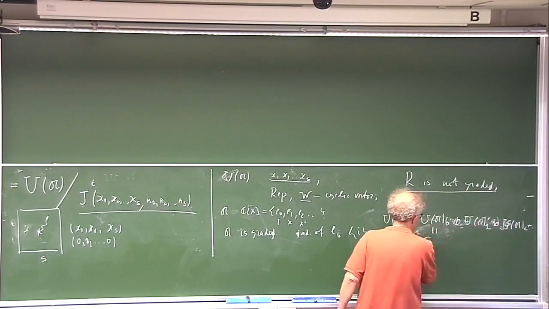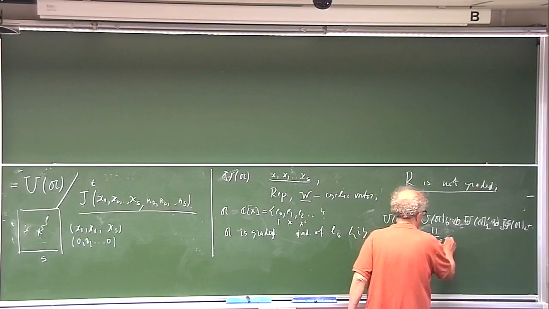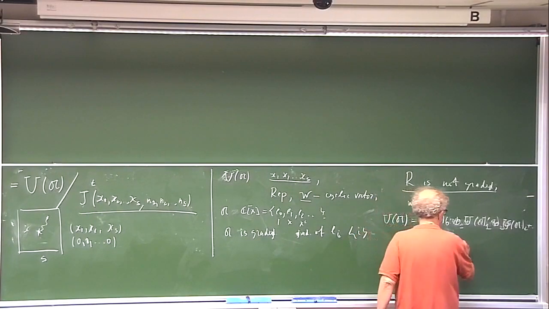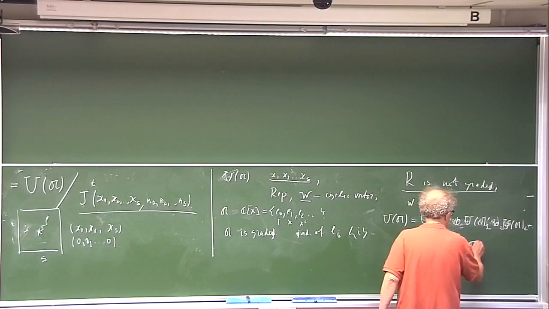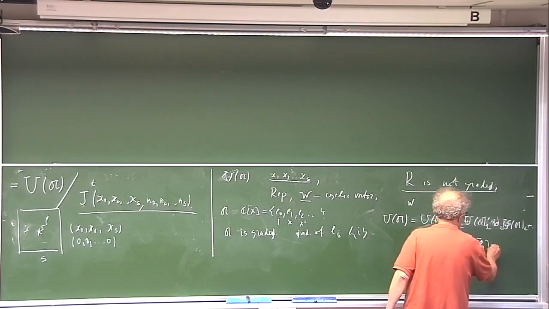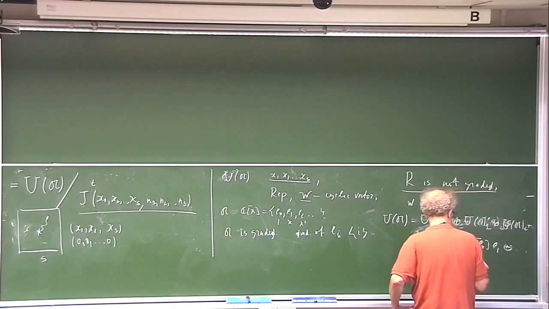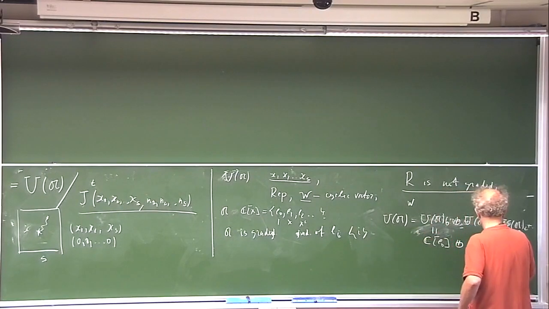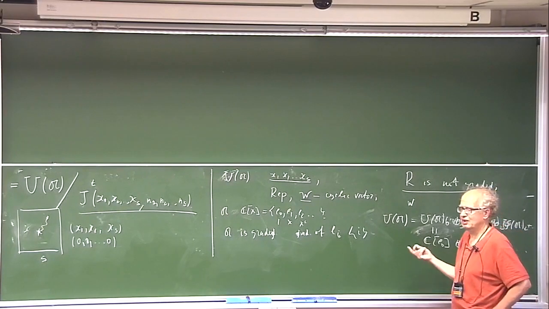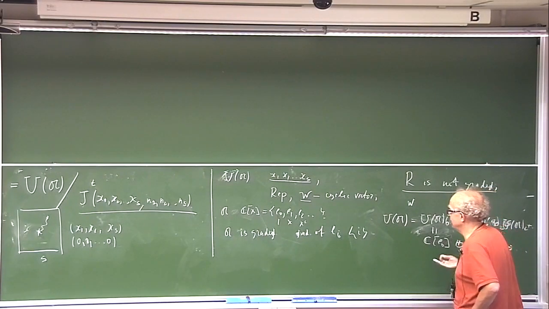So this part is C times E0, it is grading 1. This part is C times E0 times E1, and so on. And here we have C times E1 squared or E2, and so on. But anyway, it is some graded space.